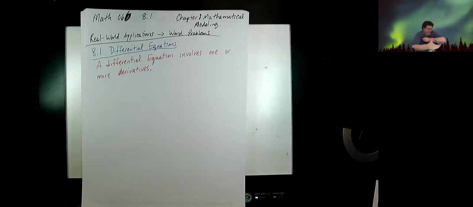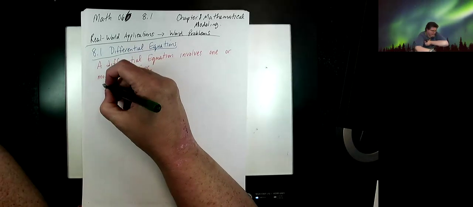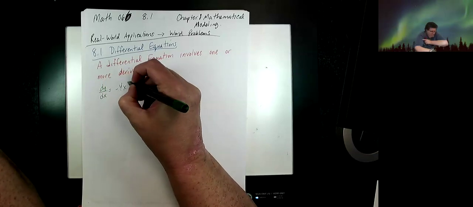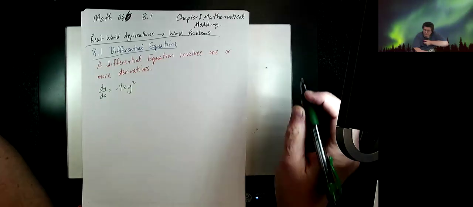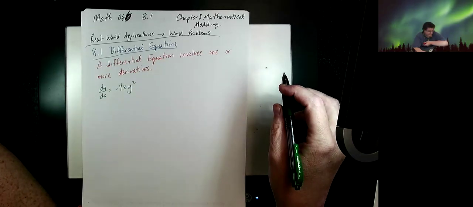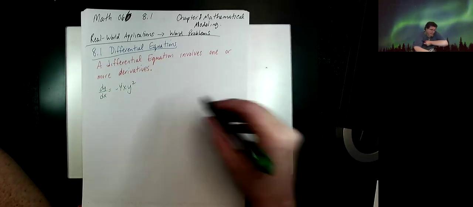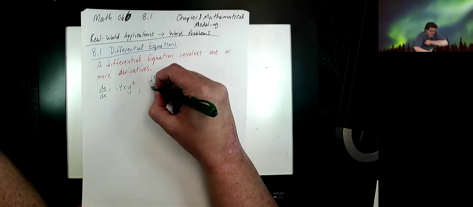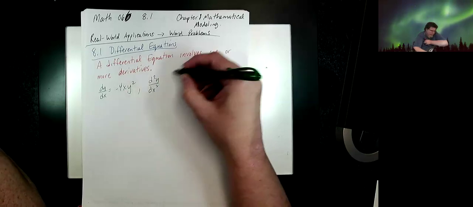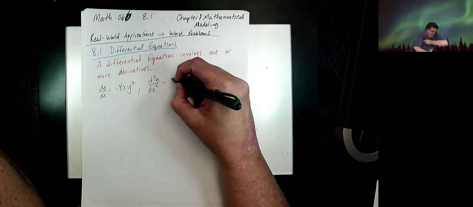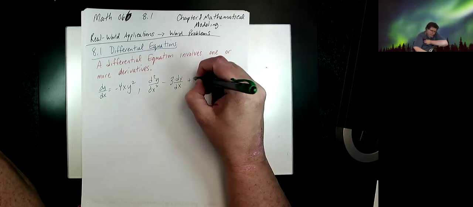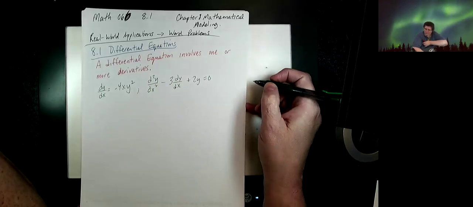So something like dy dx equals negative 4xy squared. We could have some more going on. d squared y dx squared minus 3 dy dx plus 2y equals 0.